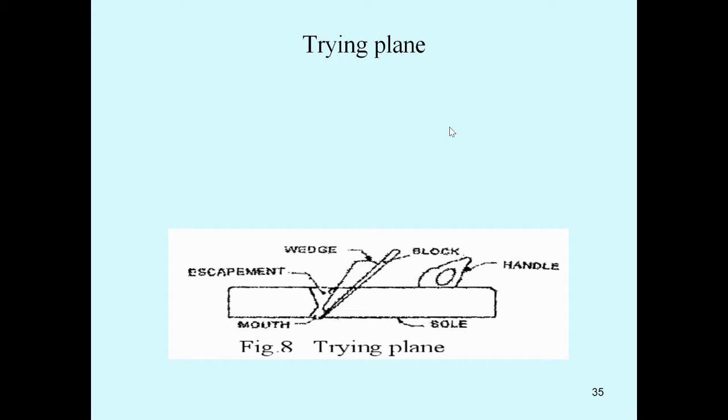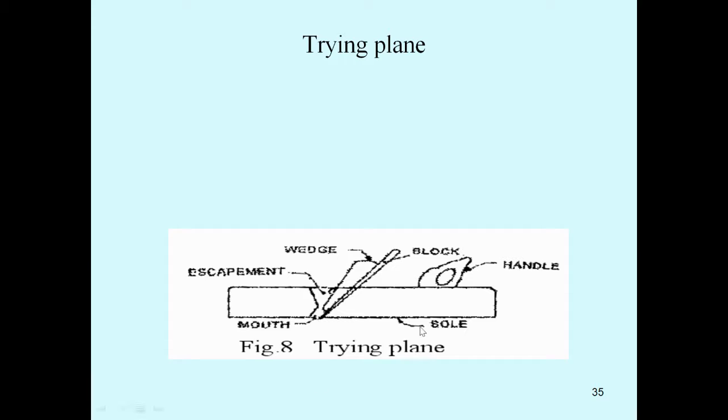So the next one is the trying plane. That is the second type of plane. You can see the diagram of a trying plane. It's almost similar to the wooden jack plane.